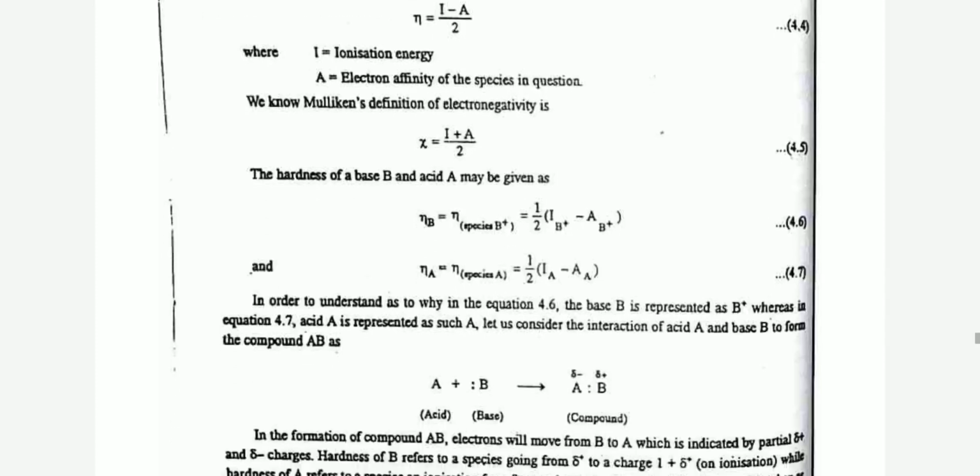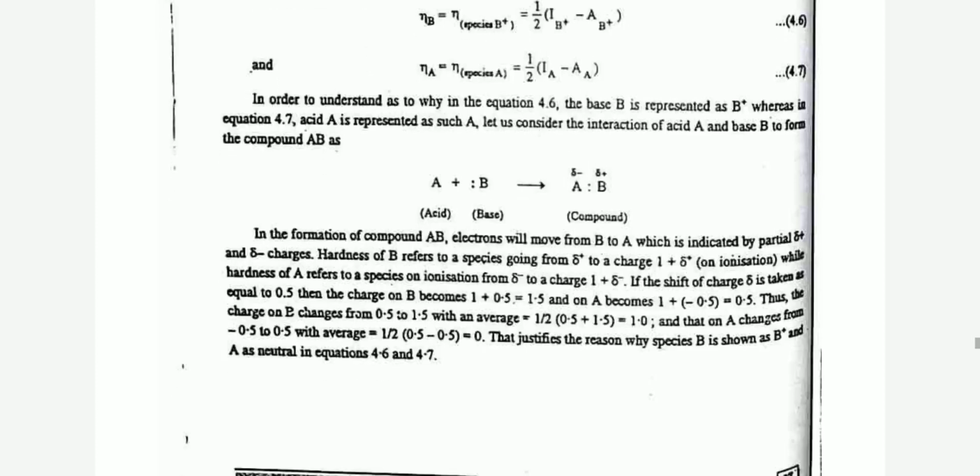We know Mulliken's definition of electronegativity is psi equals (I plus A) by 2. The hardness of a base B and acid A may be given as eta B equals eta of species B positive, equals 1 by 2 bracket IB+ minus AB+ bracket close, and eta A equals eta of species A, equals 1 by 2 bracket IA minus AA bracket close.